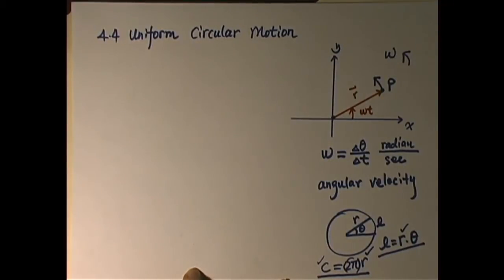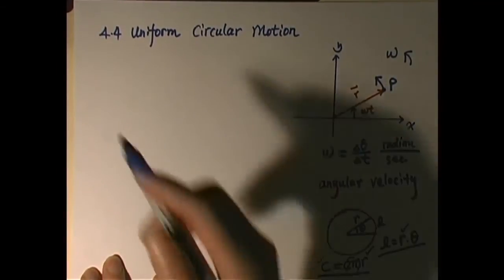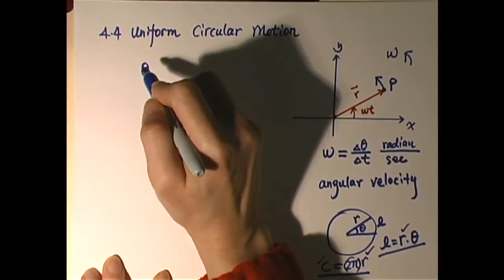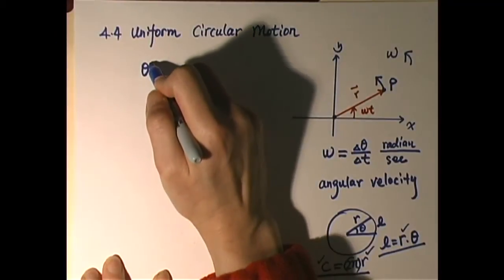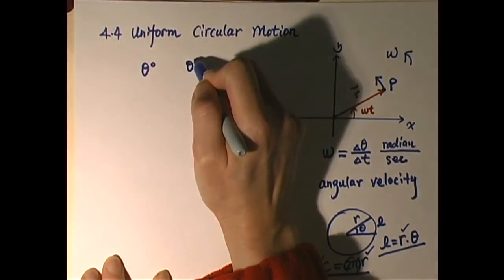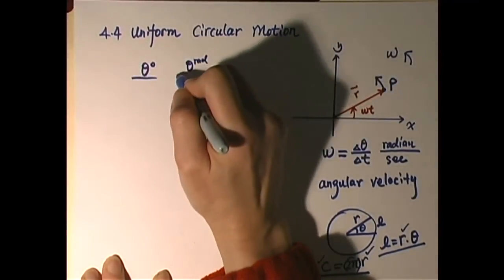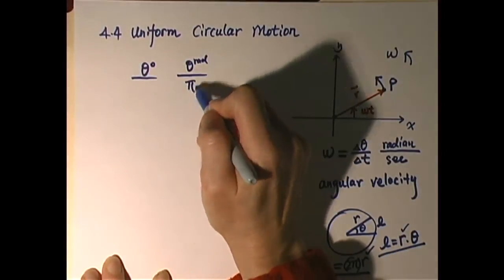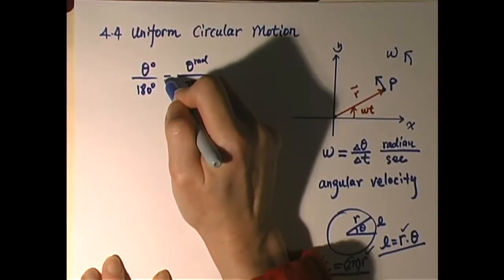Therefore, if we want to convert an angle between degree and radian, we can say: if theta is in degree, we want to get it in radian. So this is theta in degree and this is theta in radian. They should be proportional. So for example, pi radian is 180 degrees, and we can make this equal.